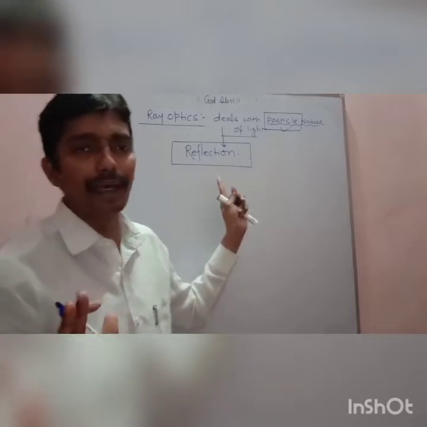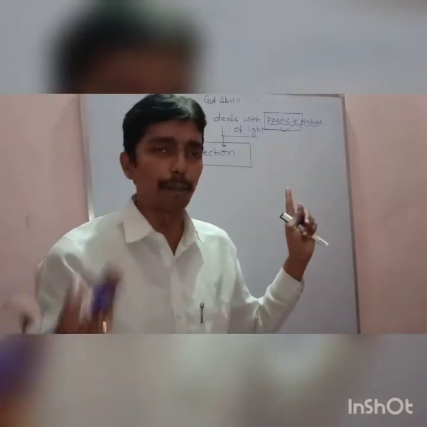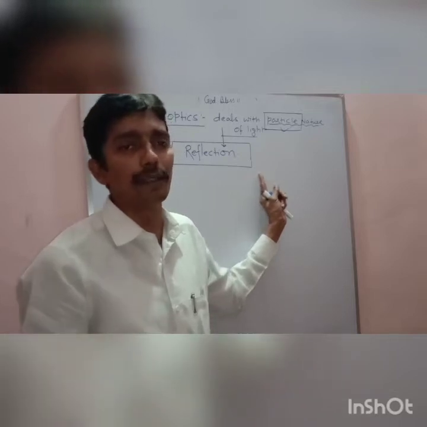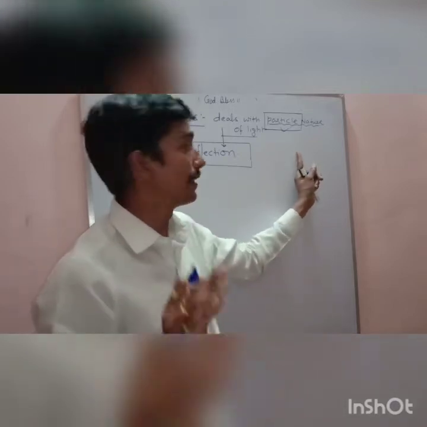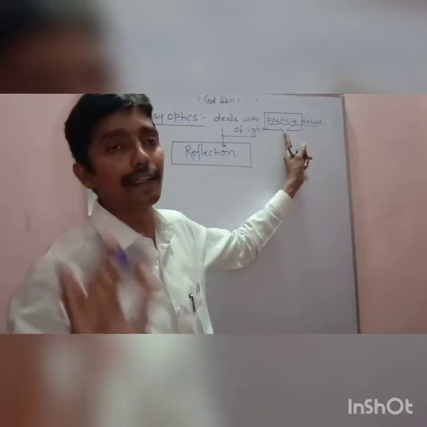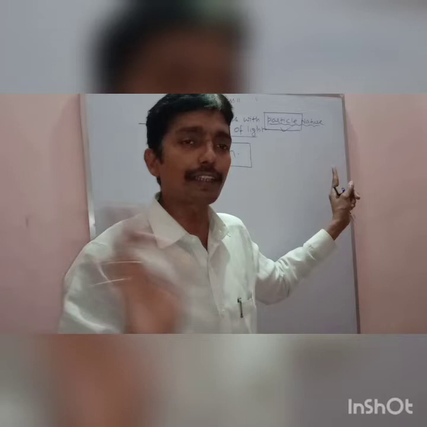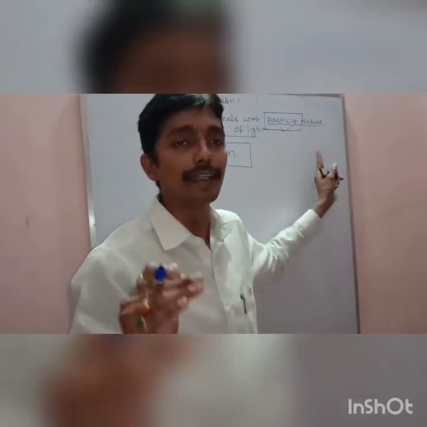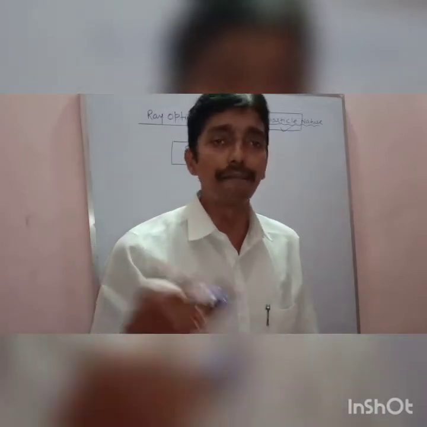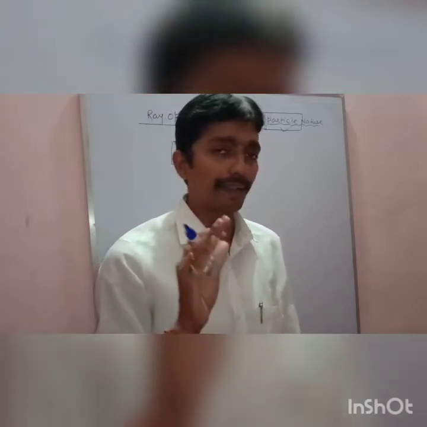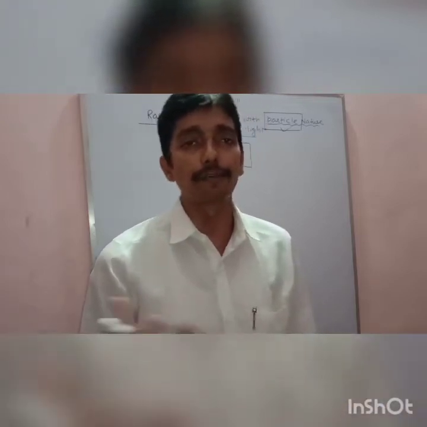And every time I will keep on saying this, this phenomenon of light is possible due to the particle nature of light. But diffraction is not due to particle nature, it is due to the wave nature. Am I clear? Please take care of this part, what is particle nature and what is wave nature.